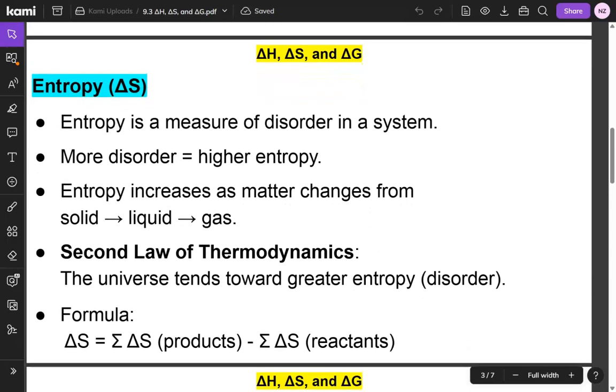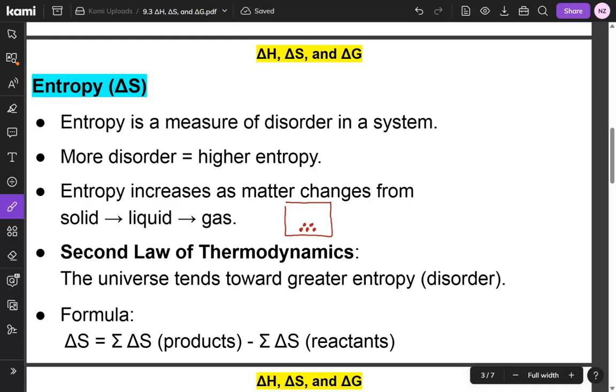All right, entropy is a new topic, and it is the measure of disorder in a system. If you have more disorder in a system, you're going to have higher entropy. Entropy increases as matter changes from solid to liquid and then to gas. When you have a solid, all of the particles are relatively close together.